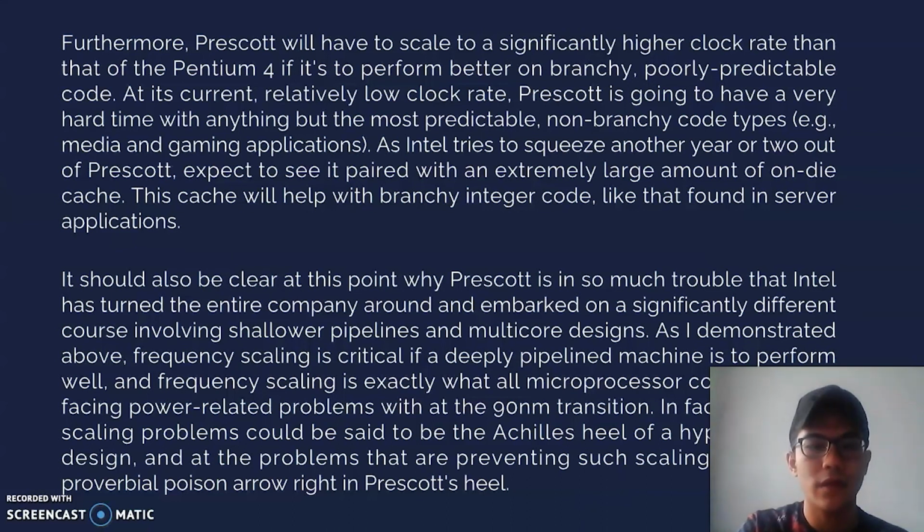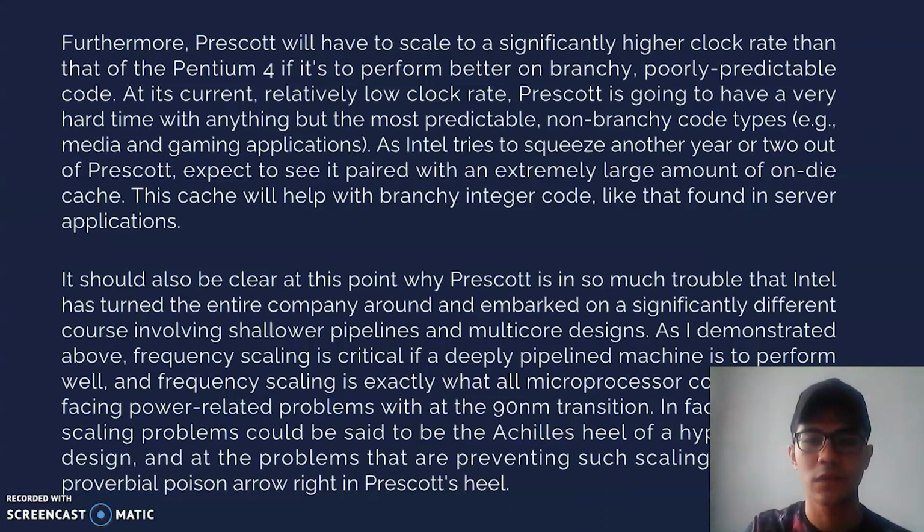As I demonstrated above, frequency scaling is critical if a deeply pipelined machine is to perform well, and frequency scaling is exactly what all microprocessor companies are facing power-related problems with as they make the 90 nm transition.